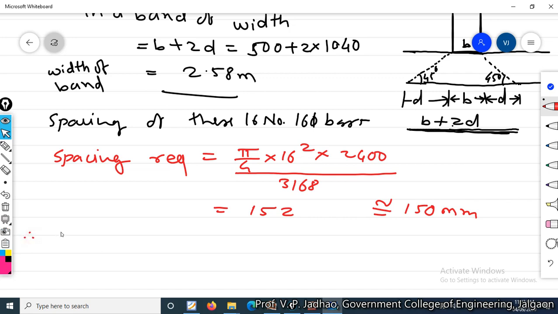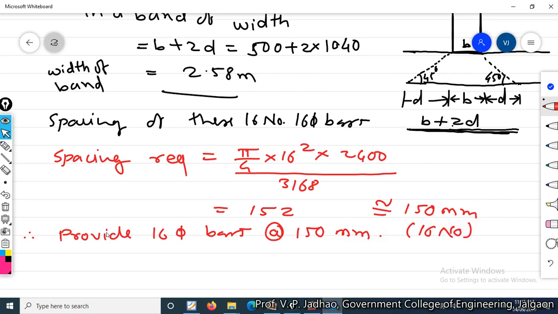Therefore provide 16 mm bars at 150 mm, that is 16 numbers, for a distance of 2.58 meter bandwidth.